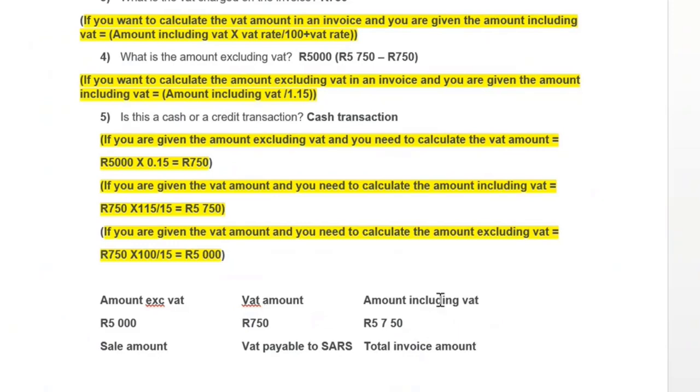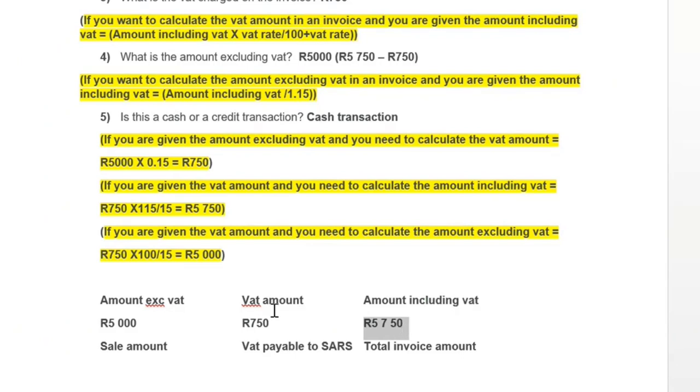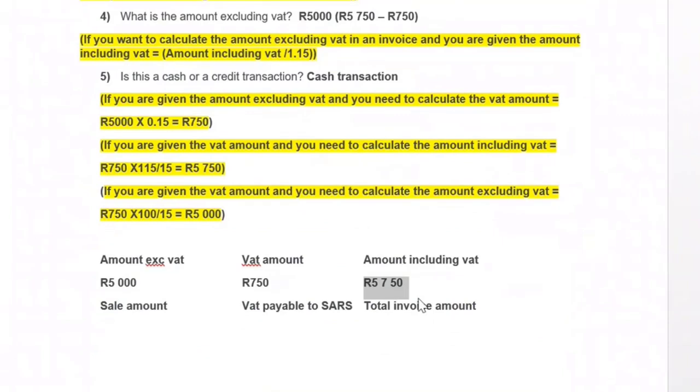So guys, can you see that on this total invoice, the 5,750 total amount doesn't belong to MT Stationers. Only 5,000 is the sale that they made on this invoice.